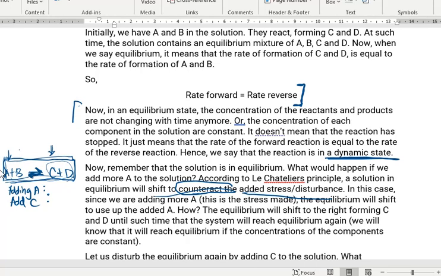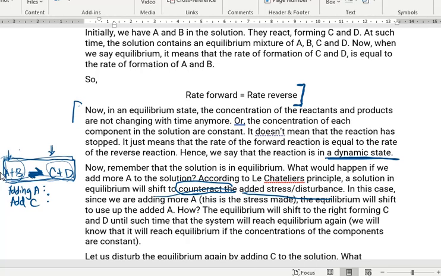It will shift to the left to form more of these reactants. Kay para magamit ang C nga gipuno. Okay? So, again, na-retain na po ang equilibrium. Nabalik na po ang equilibrium. Wa na po na change. Na-constant na po ang concentration sa A, B, C, D.